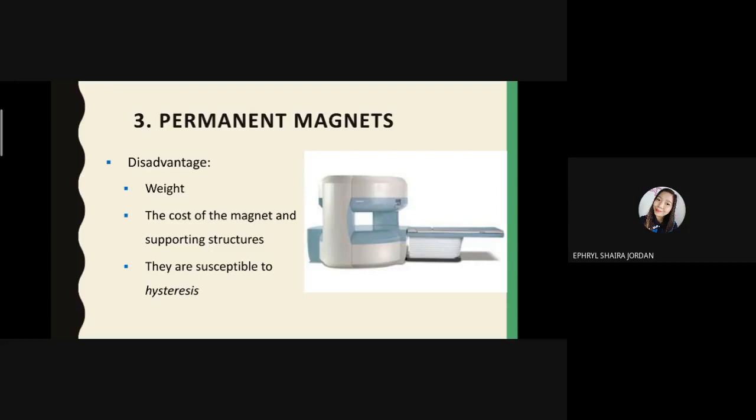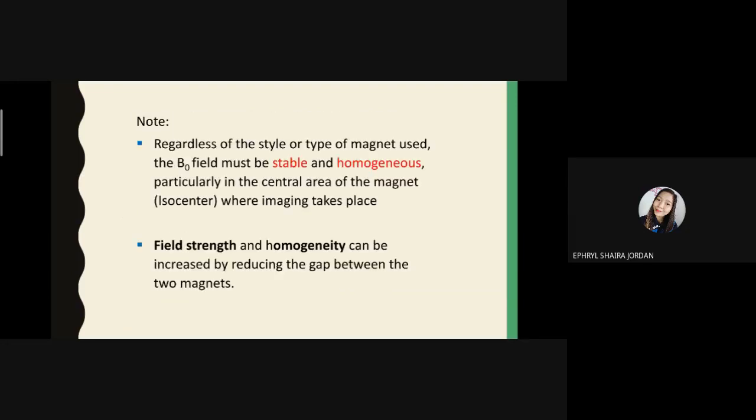Also, the cost and the weight of the magnets has precluded their use at higher field strengths. Take note that regardless of the style or type of magnet used, the B0 or the magnetic field must be stable and homogeneous, particularly in the central area of the magnet, also known as the isocenter, where imaging takes place.